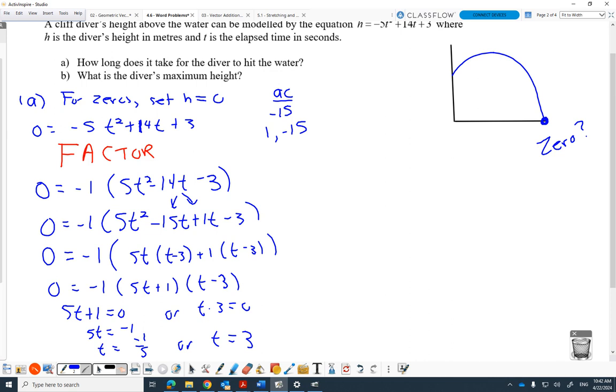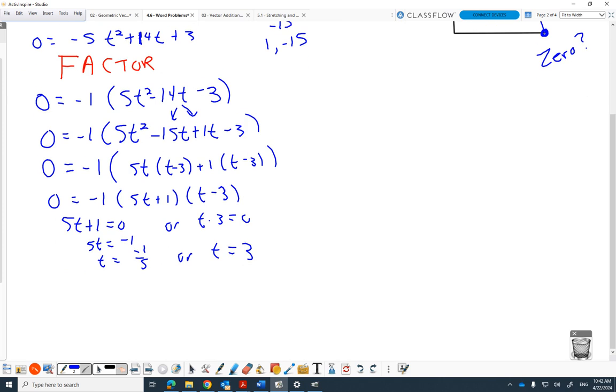Which one's this? That's got to be 3. Yeah? The answer is, therefore, the diver hits the water at t equals 3.